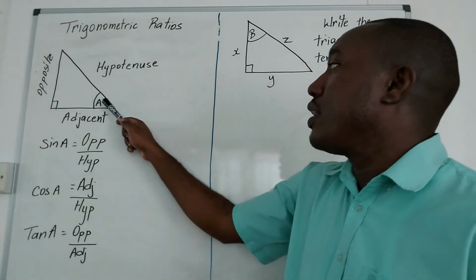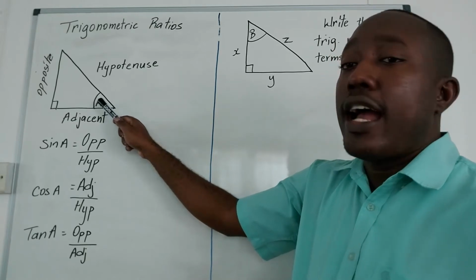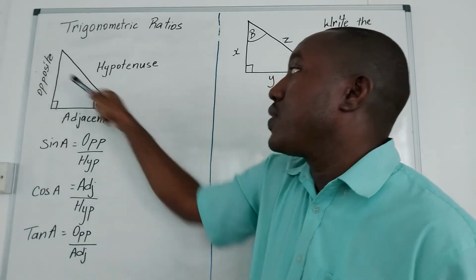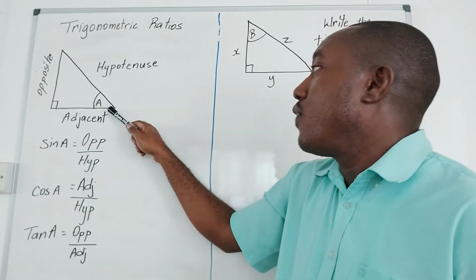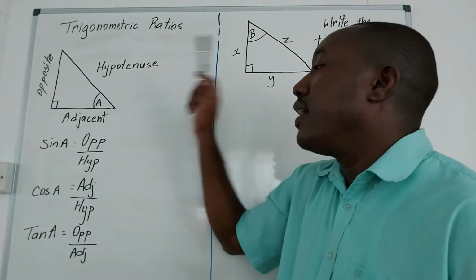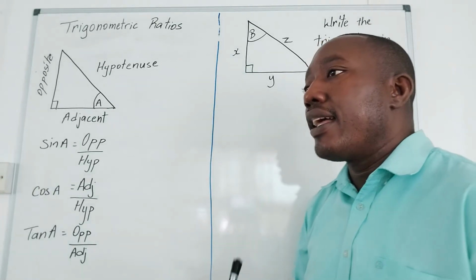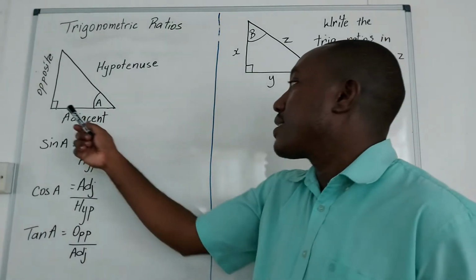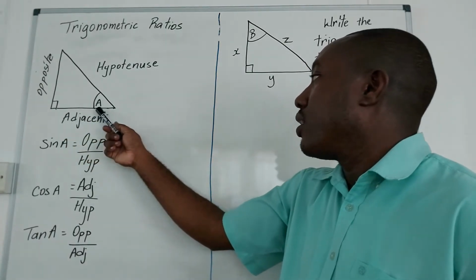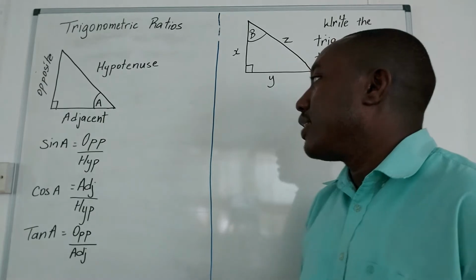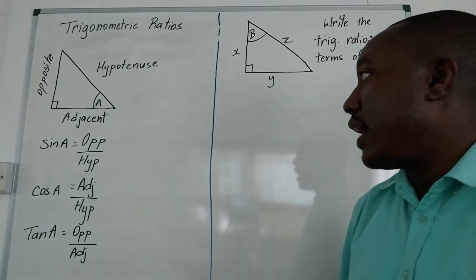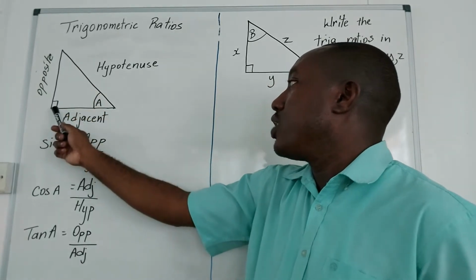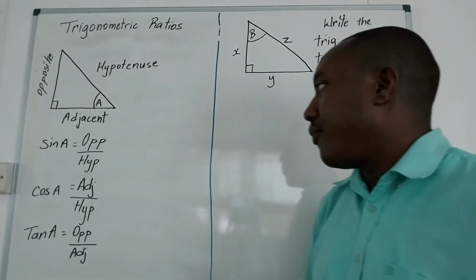If we're speaking about angle A, the opposite will be the side directly opposite the angle, and the adjacent is the side that runs along the angle. So the opposite in this case will be this side over here. The adjacent will be here.